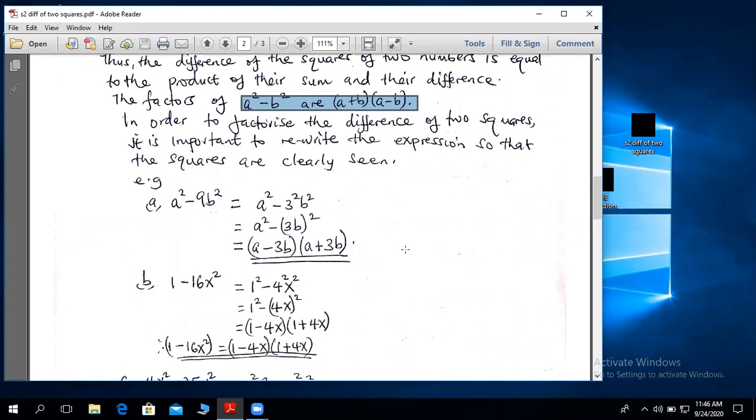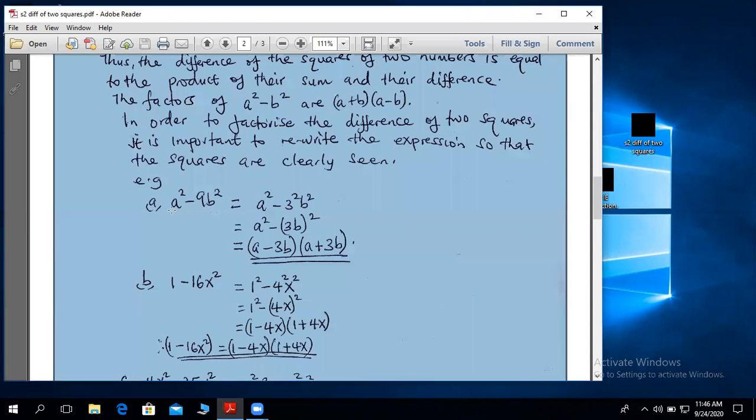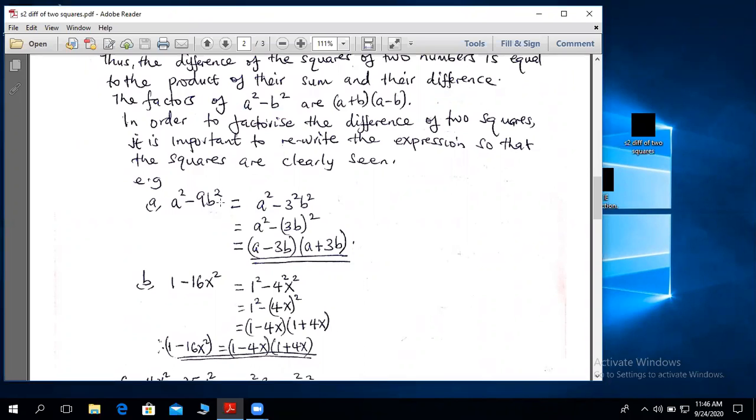Factorize means get factors out of what they have given you. So I'm saying factorize a squared minus 9b squared. I want to follow this: it is important to rewrite your expression such that the squares are clearly seen.